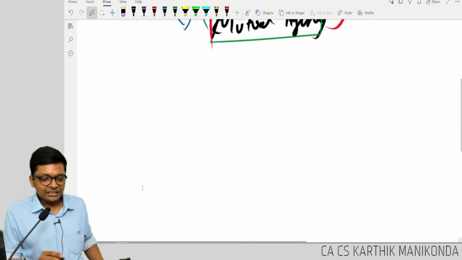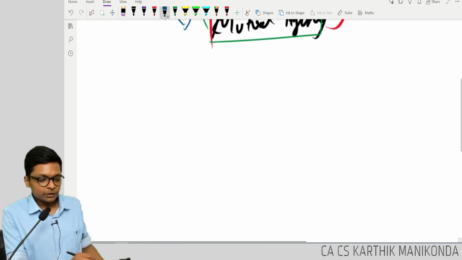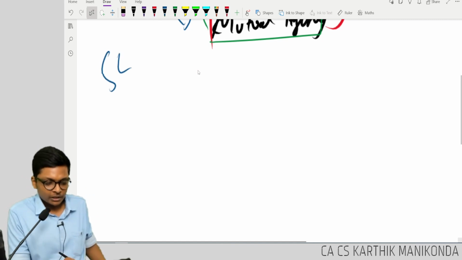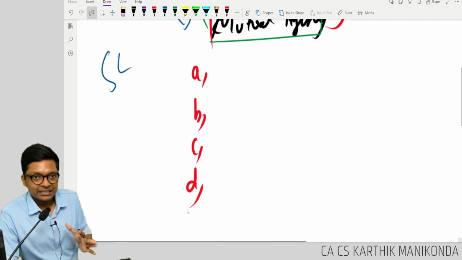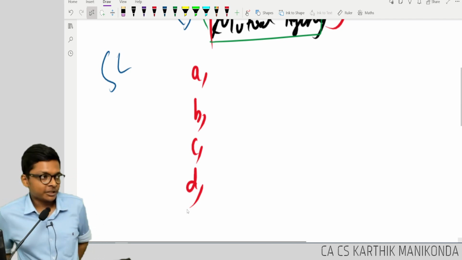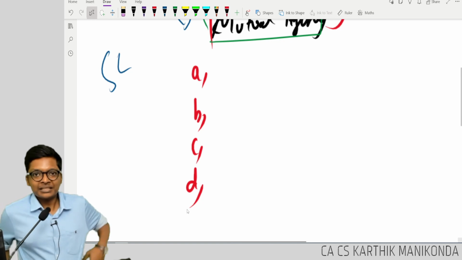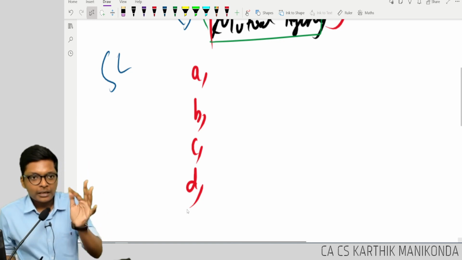In this, Shantiranjan Das Gupta, a Supreme Court case law, says that if the following 4 things are missing, then it is not a partnership. Why is this important? Because in partnership, registration is not mandatory.